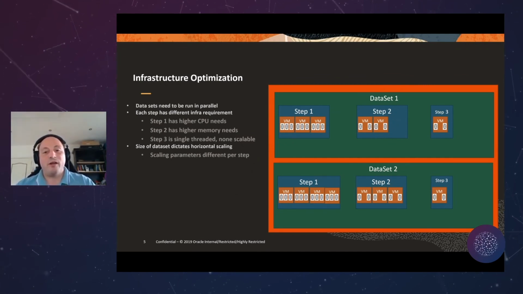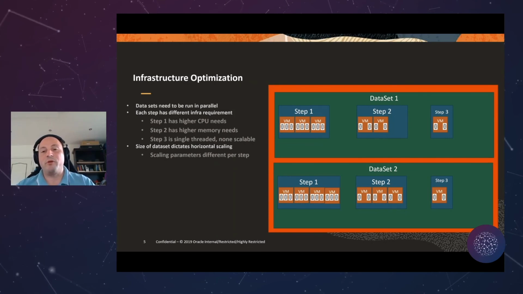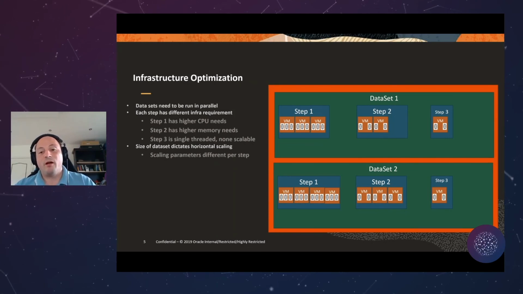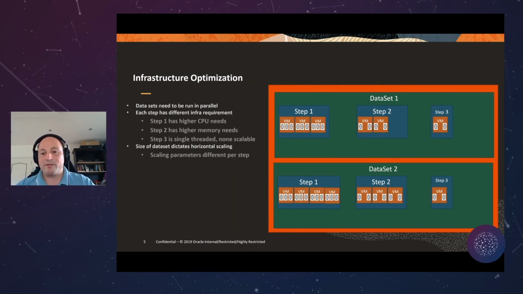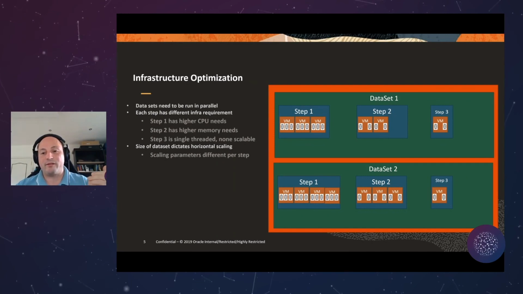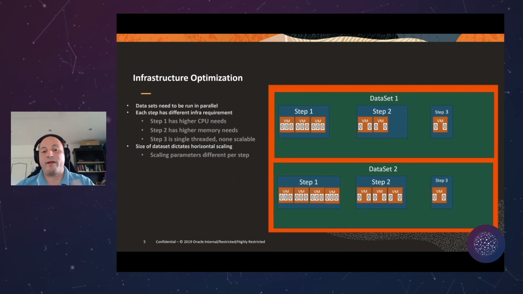For example, we could have a step 1, which requires a lot of CPU. A step 2 requires high memory usage. Step 3 could be, for example, not scalable, so we only need one instance for it. But the other steps could have massive horizontal scaling, which could drill down the time quite tremendously.